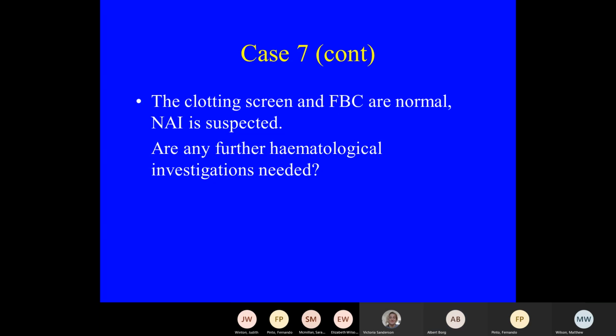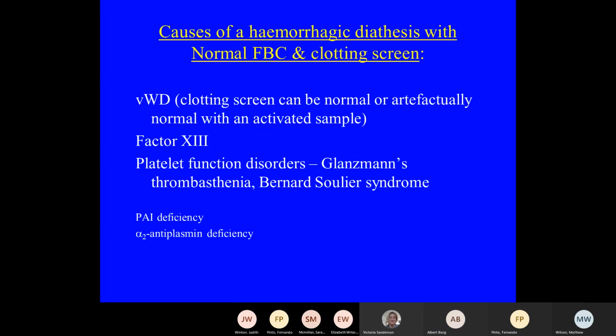Exactly. Okay, so next. So factor 13, we talked about factor 13 and platelet problems, like we discussed. The von Willebrand screening is also important, but it would probably have to be a baby with a very low factor 8 and a very low von Willebrand to have a spontaneous intracranial bleed, whereas factor 13 deficiency and platelet function disorders can happen spontaneously.